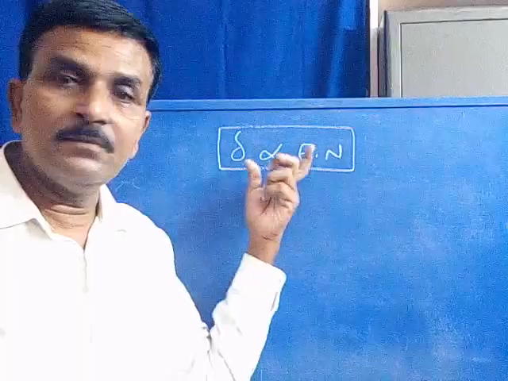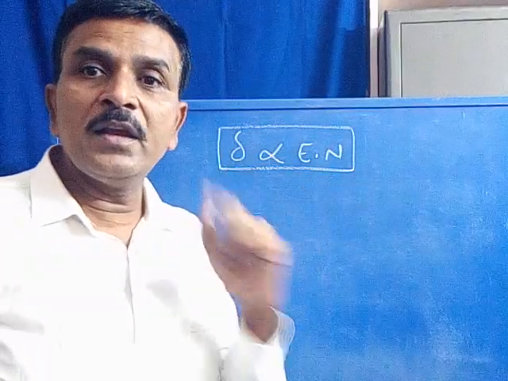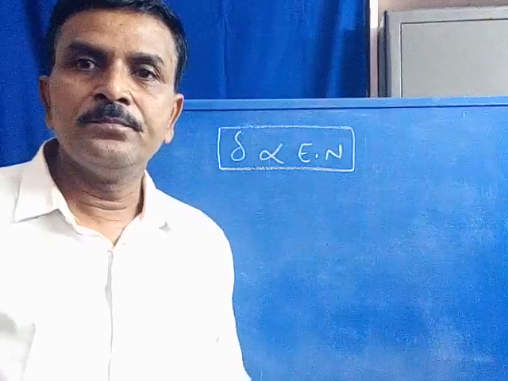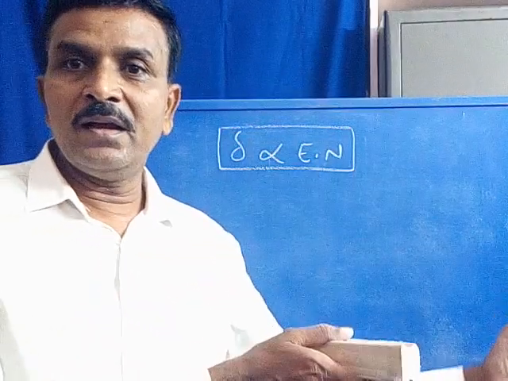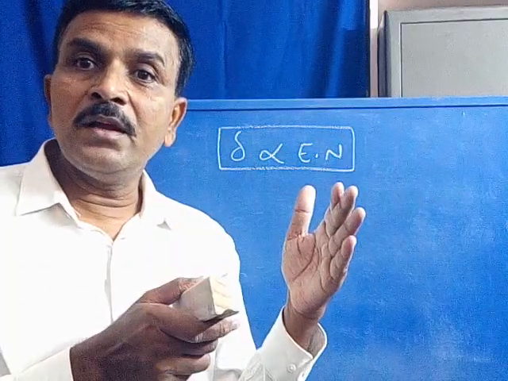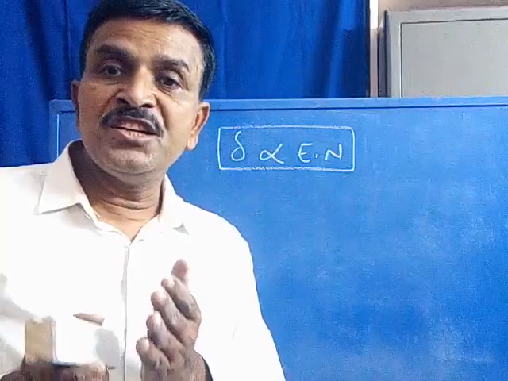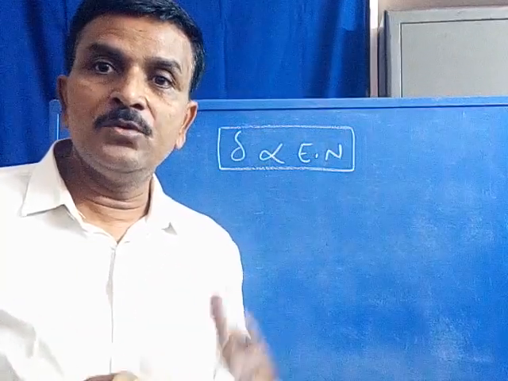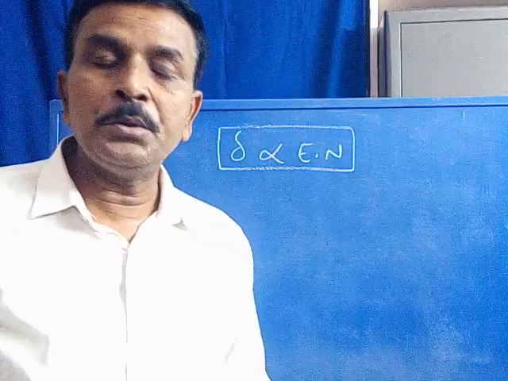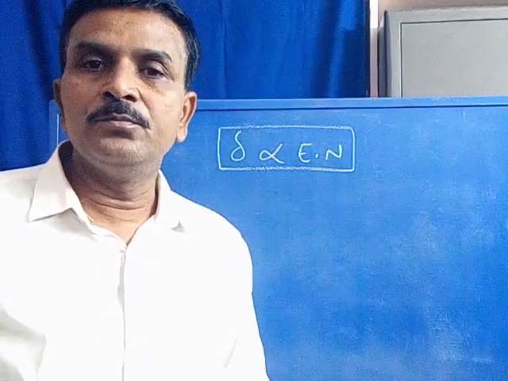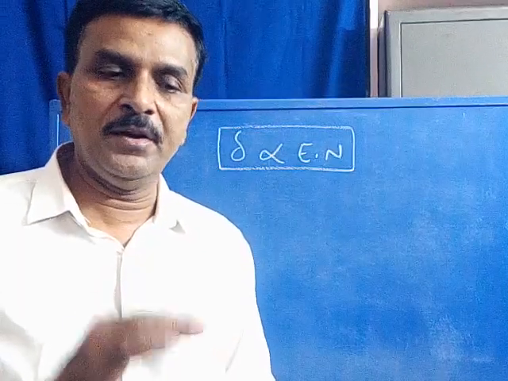This is the relation. Is it clear? Low electronegative, lower delta value. If a highly electronegative atom is attached adjacently, then the proton signal appears at higher delta value. Electronegativity is directly proportional to the delta value. So this is about the inductive effect or electronegativity effect.